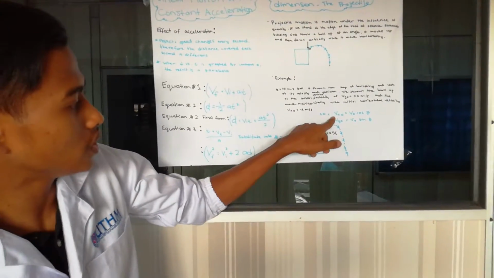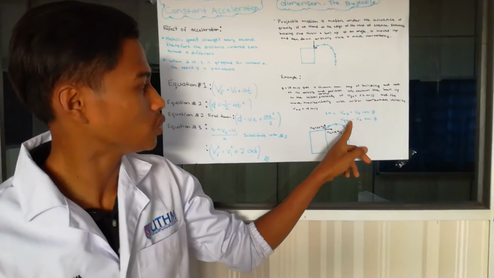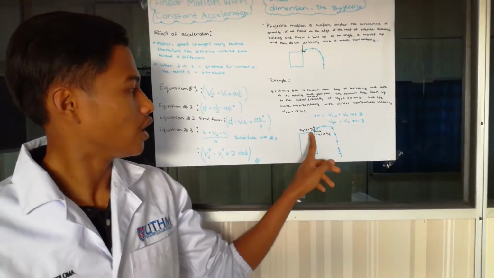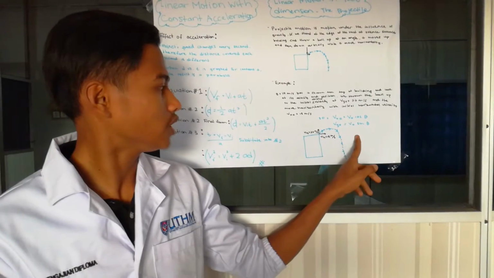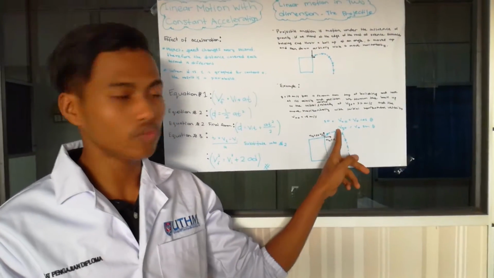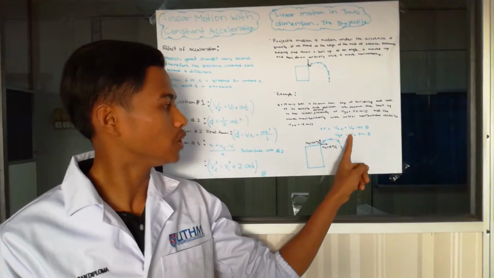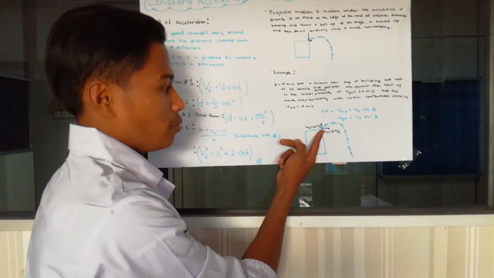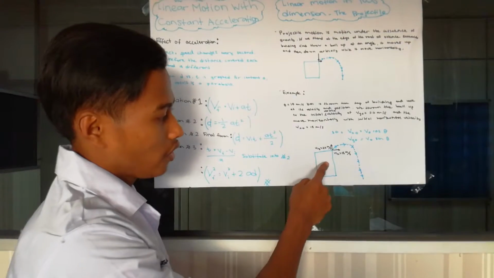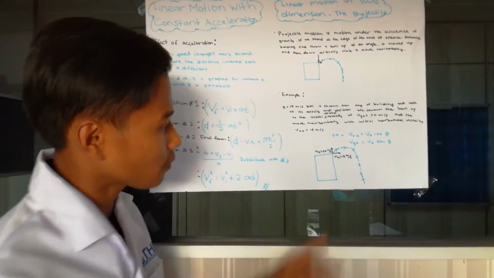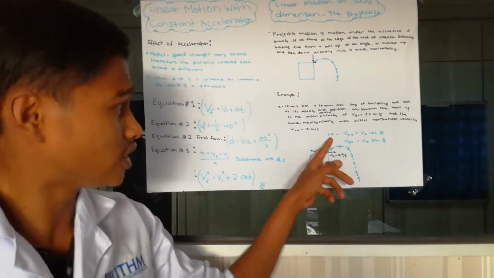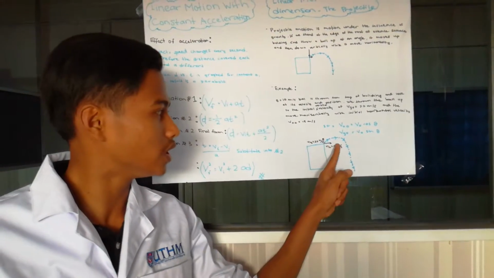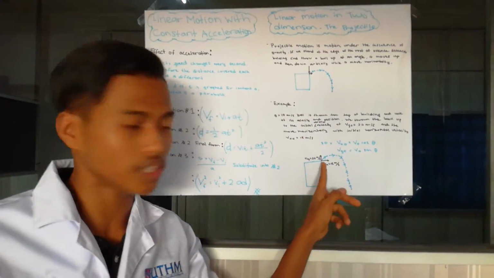So the equation is v0x equal to v0 cos theta for the horizontal, and for the vertical, v0y equal to v0 sin theta. Like the graph, you can see if the ball is thrown at an angle of 50 degrees, the initial horizontal velocity is 20, and the initial vertical velocity is 50.